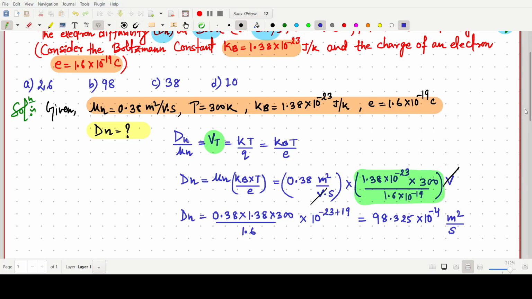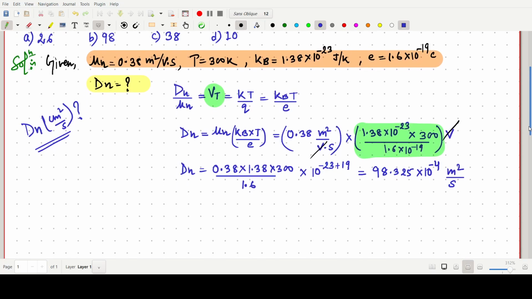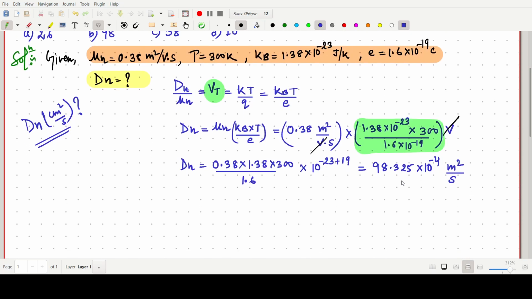But in the question it is clearly mentioned that we have to find the value of Dn in centimeter square per second, while our result is coming in meter square. So once again, this can be written as 98.325 into 10 to the power minus 4 into 1 meter square.